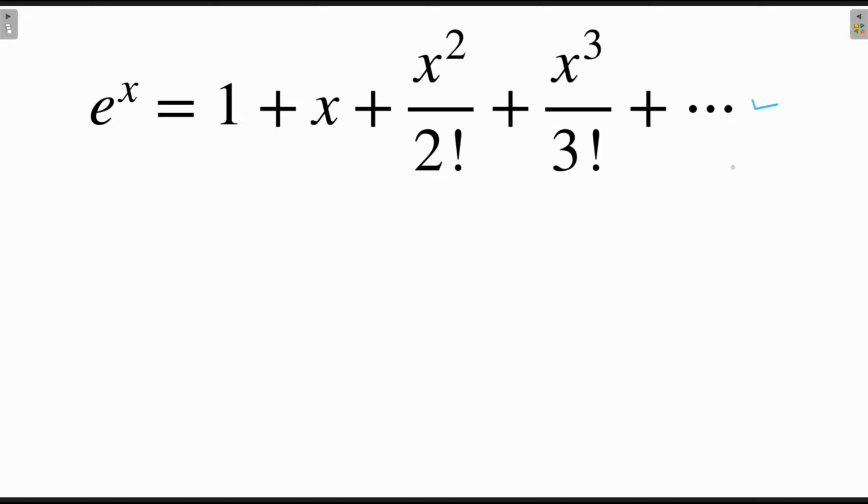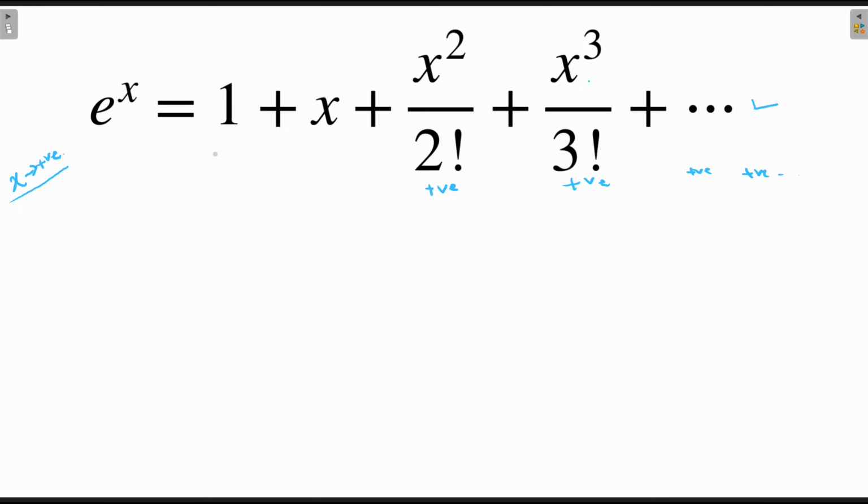If we consider x to be a positive number, then x squared is positive, x cubed is also positive, and similarly x to the power 4, x to the power 5 and so on. So all these terms are positive if x is positive.